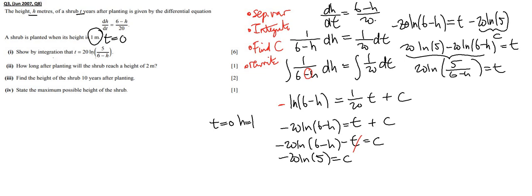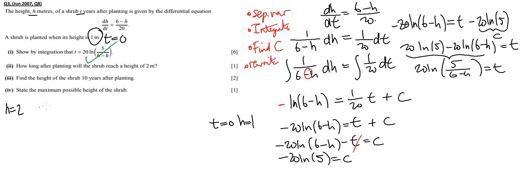Right, so that's the first part taken care of. How long after planting does the shrub reach a height of 2 meters? Well, the height is 2 meters, so we know h. All we have to do is substitute in h equals 2.